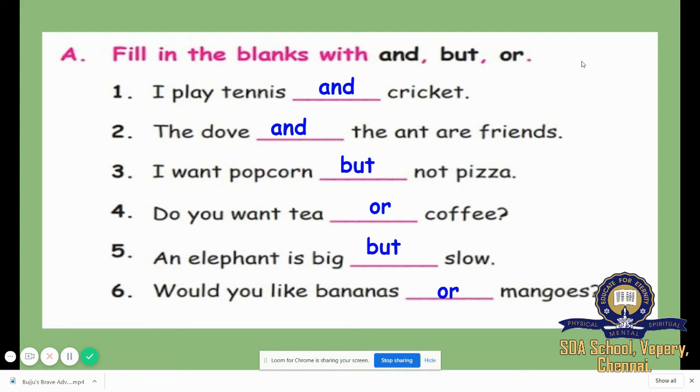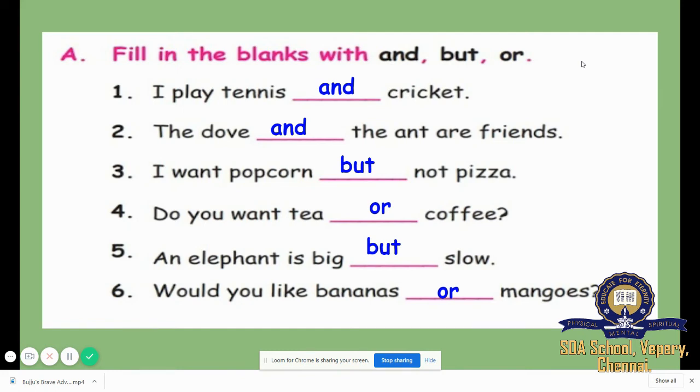So to combine these words, we need to add the conjunction but. The last one is, would you like bananas dash mangoes? Again here they have given a choice of two options, banana and mango. So to get the correct sentence we need to add or.